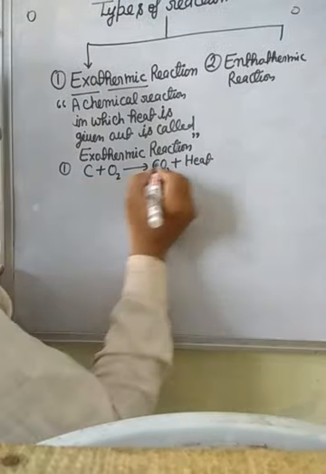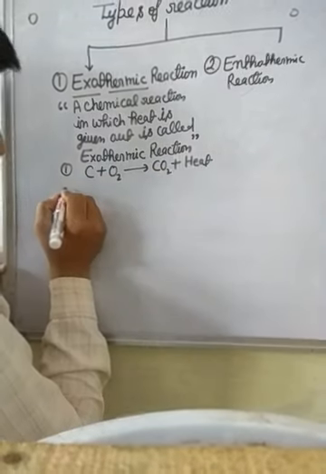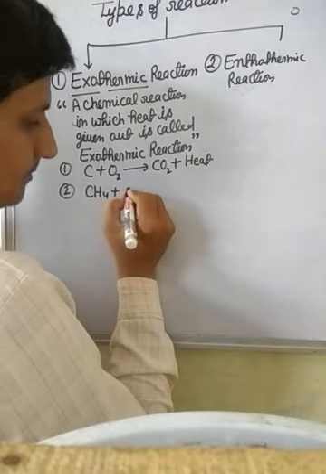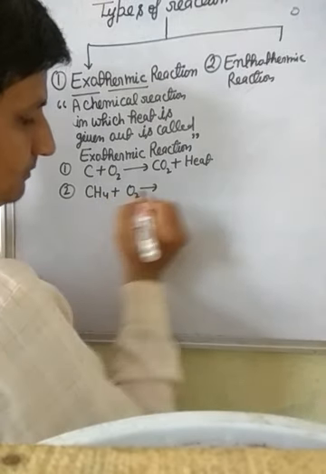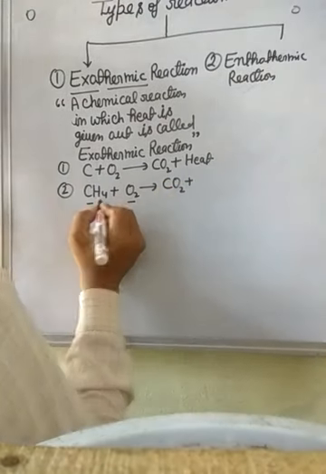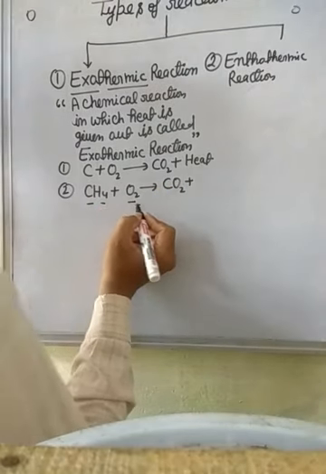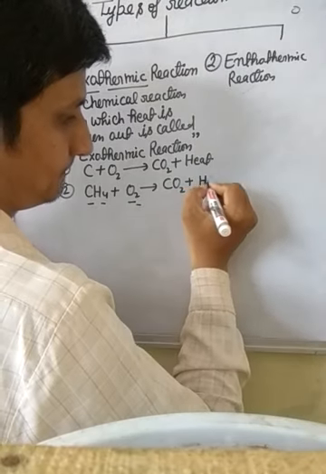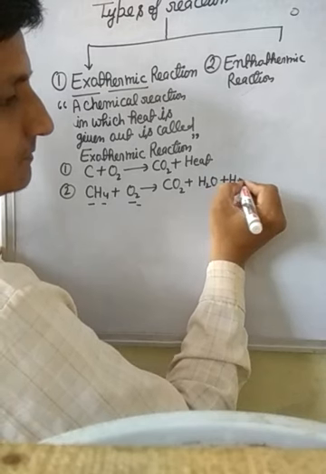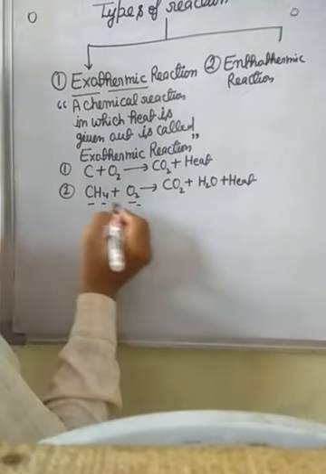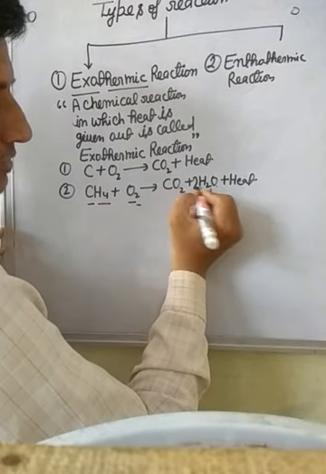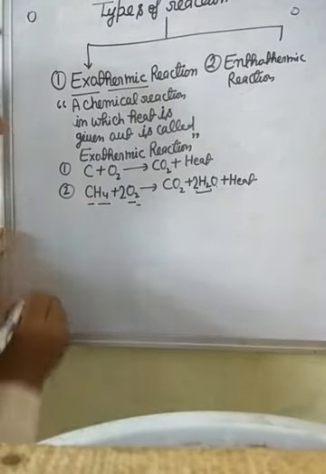Second example, methane burns in air, or hydrogen and oxygen combine to form water plus heat. Number of hydrogen here is 4, so we have to take 2 here, and 2 oxygen.